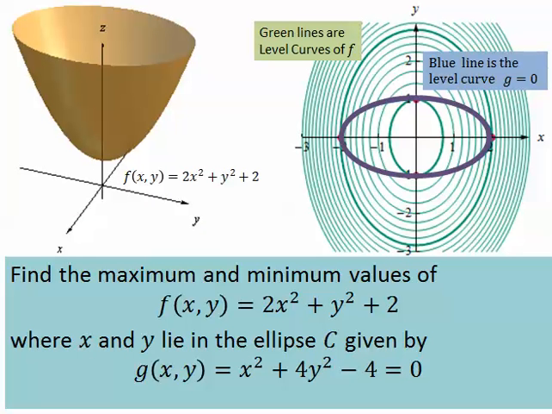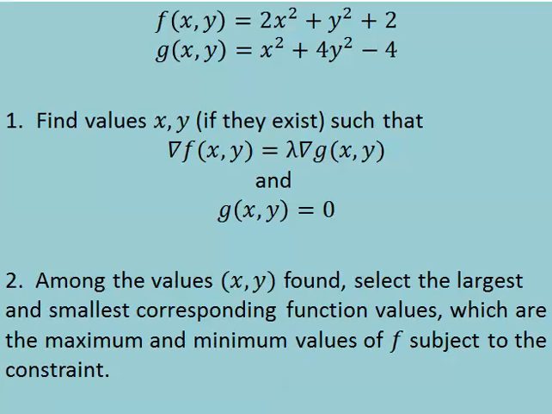How do we use this information? Let's do an example. We are given an objective function f and a constraint curve. We will need to find values x and y such that these two equations are true.